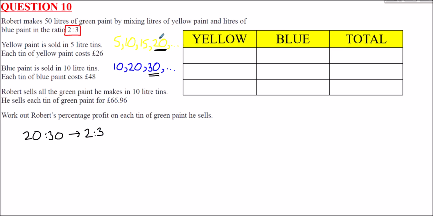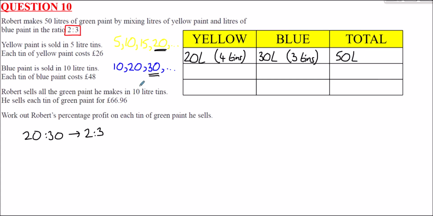So that said, he could get 20 litres of yellow paint and 30 litres of blue. And I'm going to put in brackets how many tins this is. So 20 litres of yellow would be 4 tins. 30 litres of blue would be 3 tins of blue. In total, that would make him 50 litres of paint.